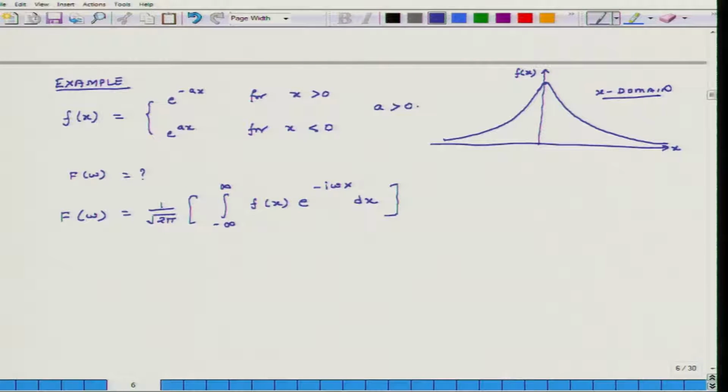Now, I know that this function is not continuous over the entire domain, but it is piecewise continuous.